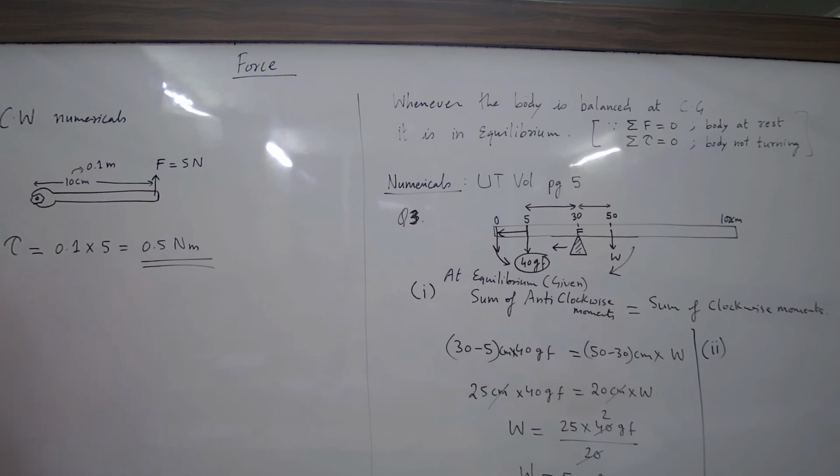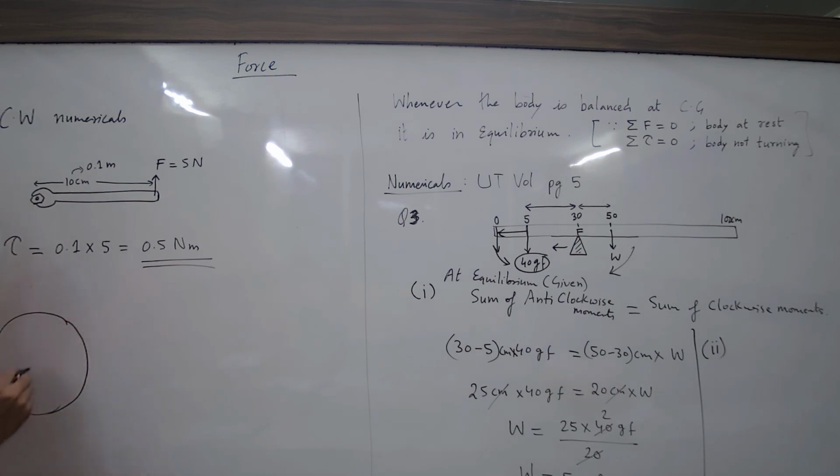Okay. What about the second question? The wheel of diameter 2 meter is shown with axle at O. So axle means it is the pivot.